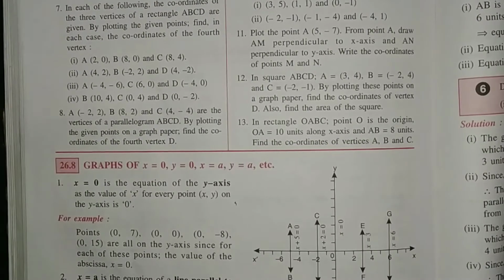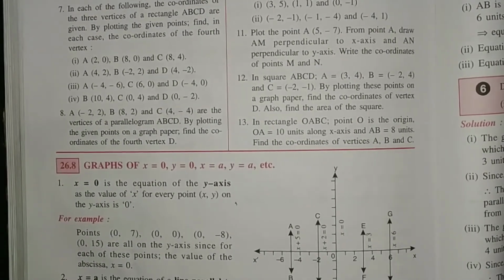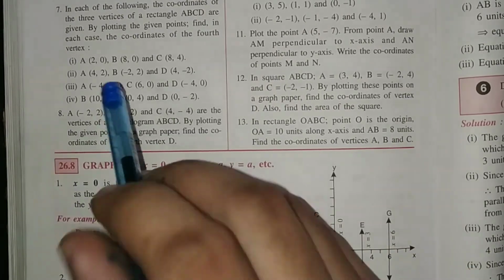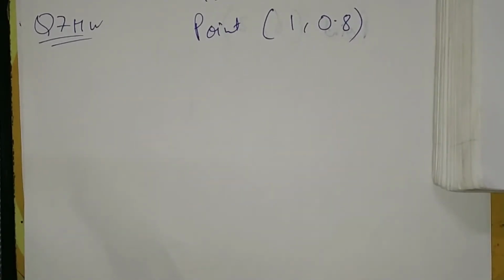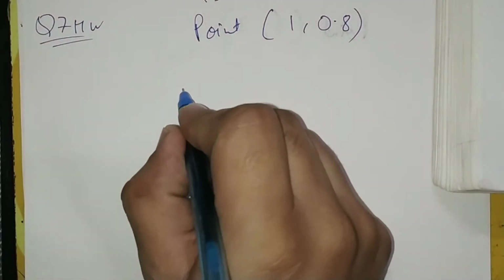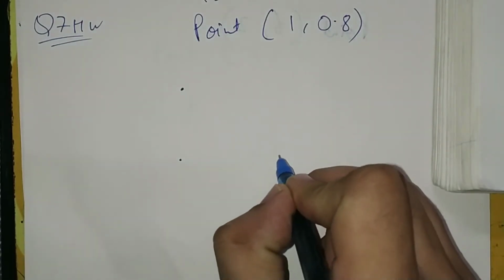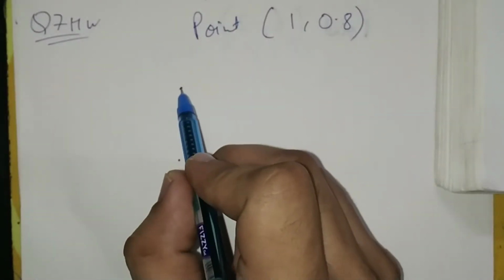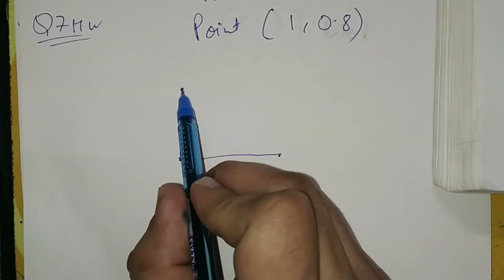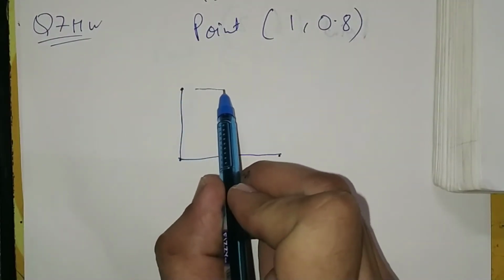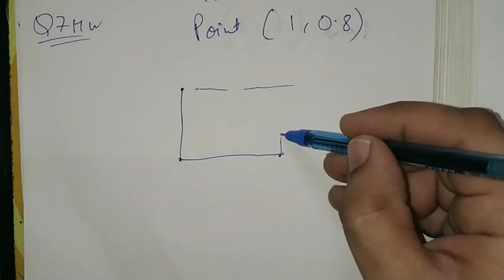Okay students, after plotting the points, for example A is 2,0, B is 8,0, C is 8,4. So suppose the 3 points which we have plotted are like this. Just make a right angle here and a right angle here.